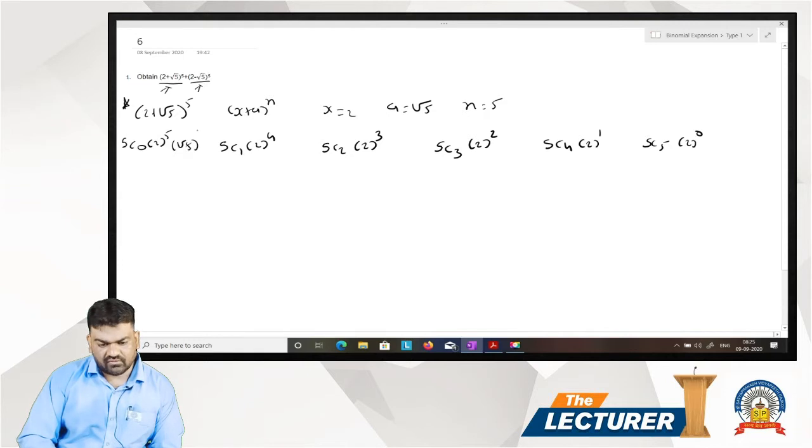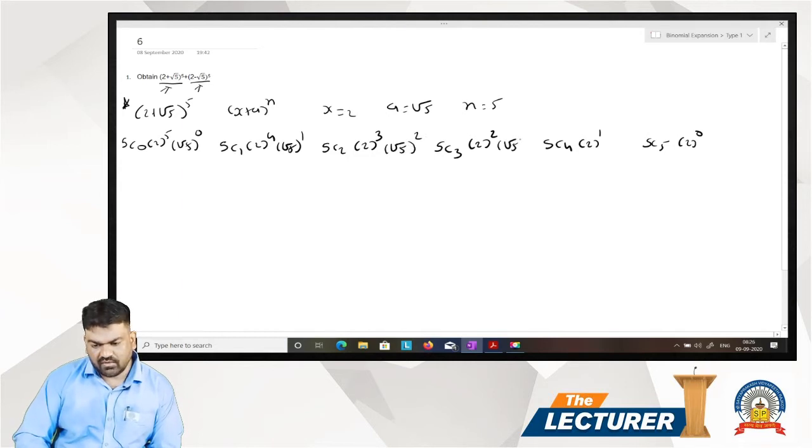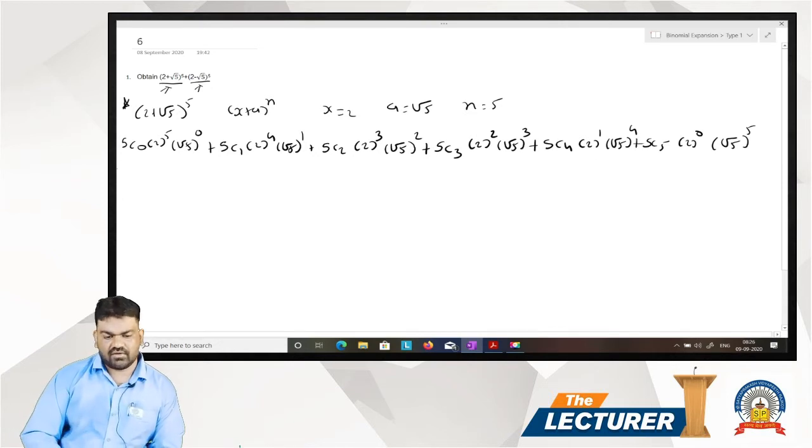Root 5 raised to 0, root 5 raised to 1, root 5 raised to 2, root 5 raised to 3, root 5 raised to 4, root 5 raised to 5. Plus, plus, plus, plus, plus. Okay.